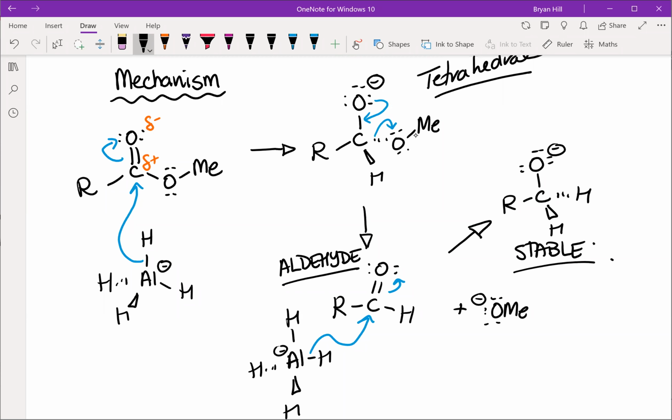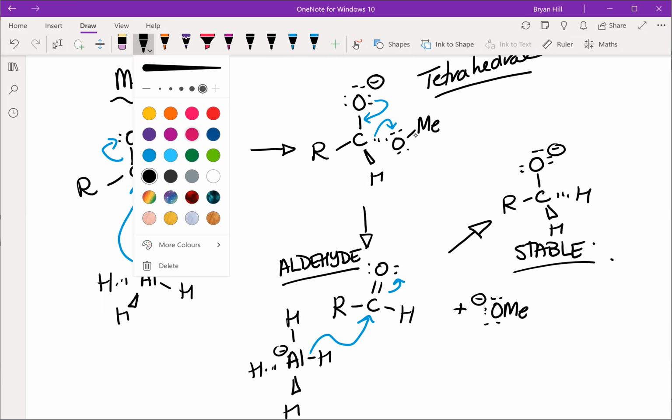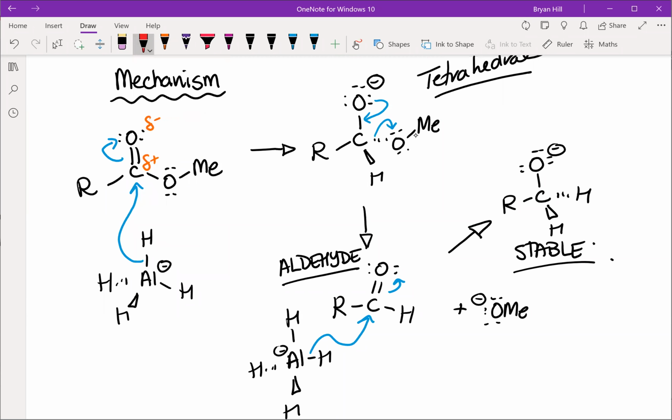If these electrons come down, you'd be losing H minus or R minus, which isn't allowed because those are very, very basic species. So this tetrahedral intermediate over here in green is stable.